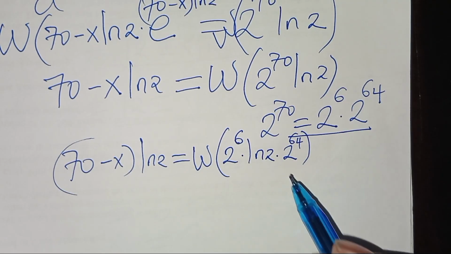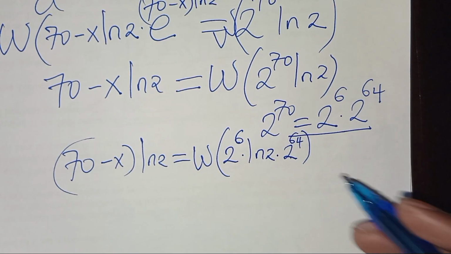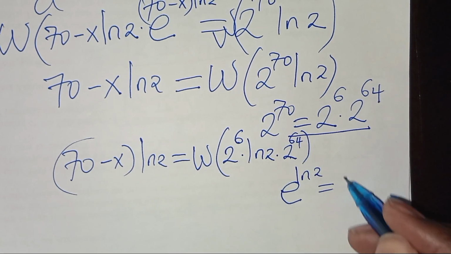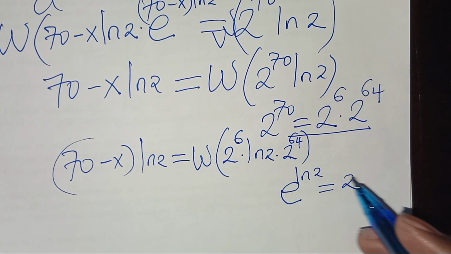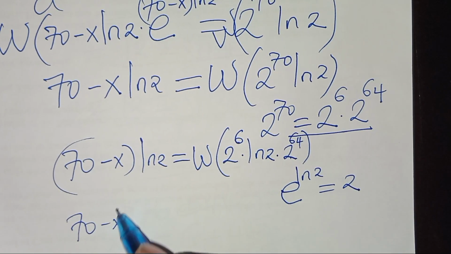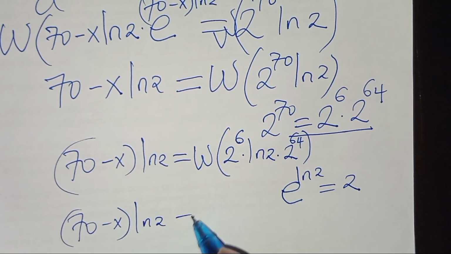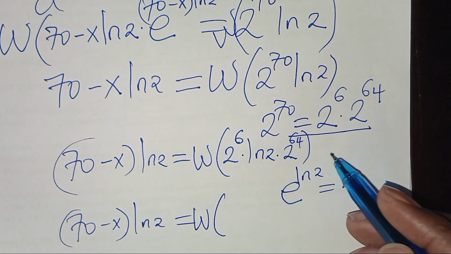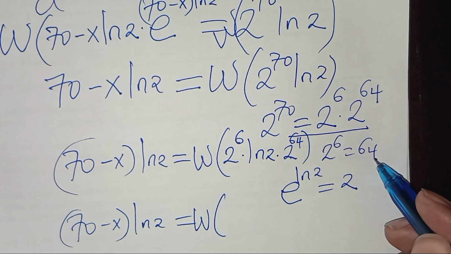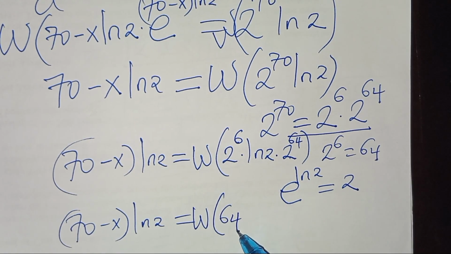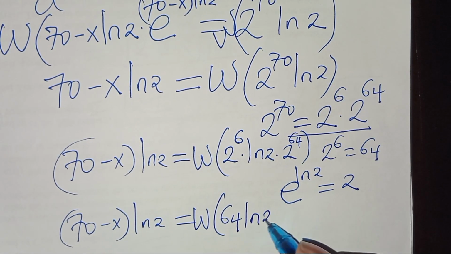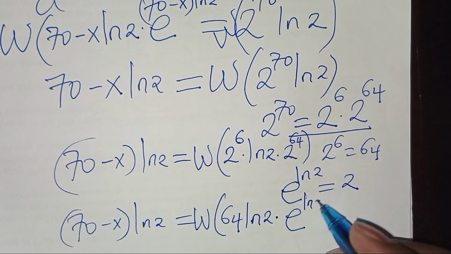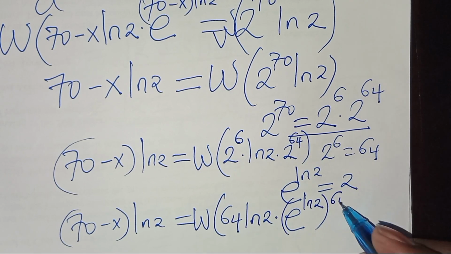Now, if you recall, e to the power of ln of 2 is the same thing as 2. Substituting this, we'll have 70 subtract x ln of 2 equal to the W function of 2 to the power of 6, which is 64, so 64 ln of 2 multiplied by e to the power of ln of 2 multiplied by 64.